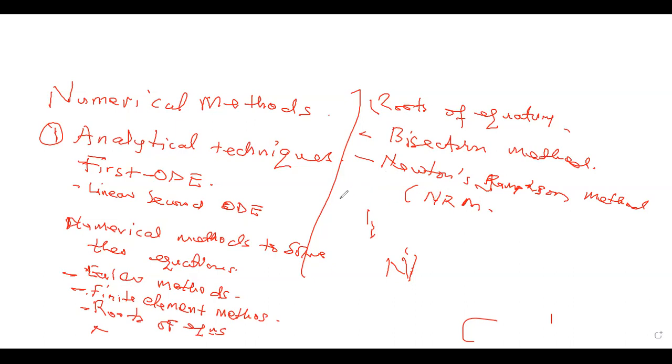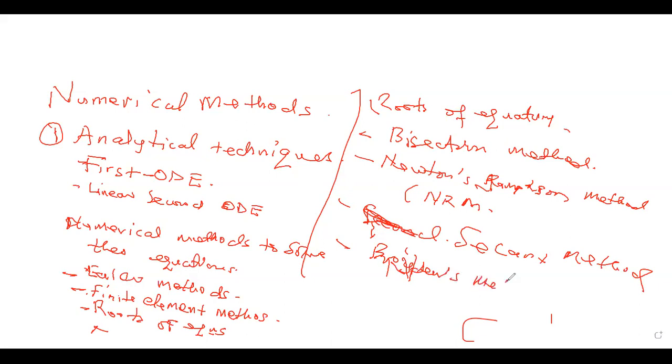Then we're going to look at the secant method. And then we can look at the Broyden's method. Then we can look at the conjugate gradient method, okay?